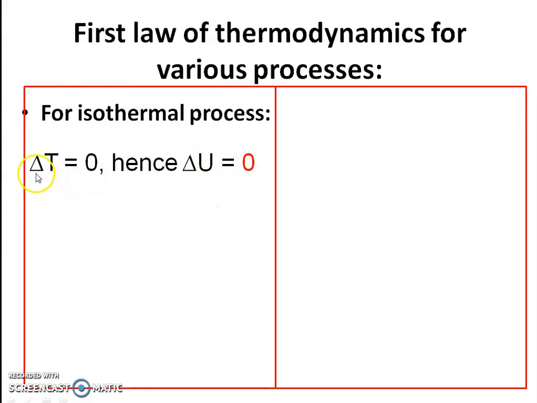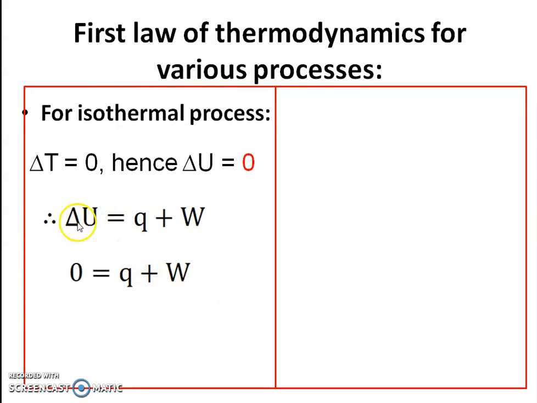So when delta T is equal to 0, delta U must be equal to 0. But the first law is delta U is equal to Q plus W. For an isothermal process, delta U is equal to 0, then we get 0 is equal to Q plus W, or Q is equal to minus W.